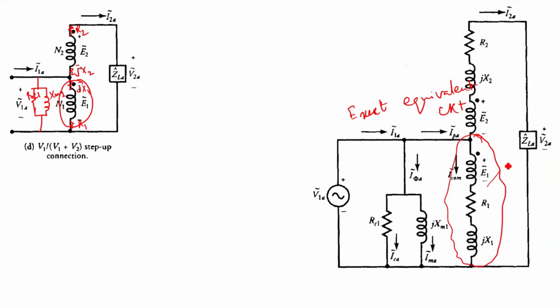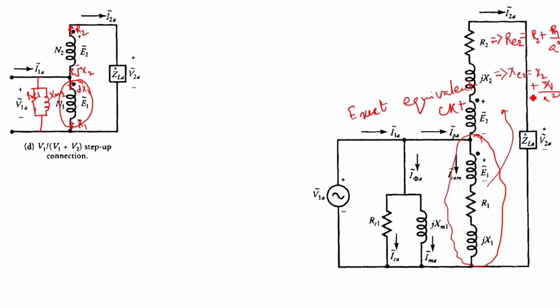So if we refer it to the secondary side, I can write it here. RE2 will be equal to R2 plus R1 by A square, and XE2 will become X2 plus X1 by A square.